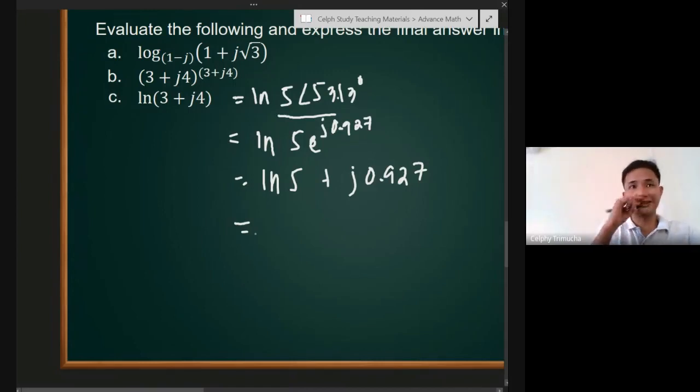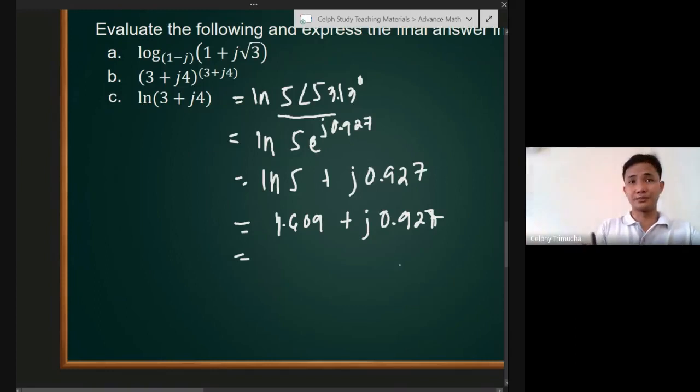Then perform tang operation, we have 1.609 plus j times 0.927. So convert mo lang ni into polar form, diretso sa inyo calculator. So this will be equal to 1.857 angle of 29.95 degrees.